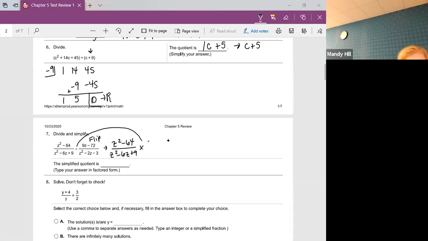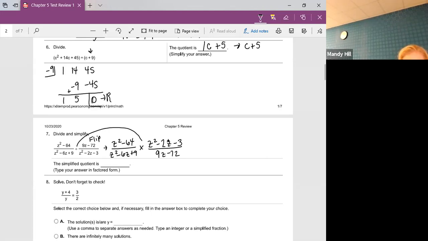So it's going to end up being z squared minus 2. That's supposed to be a 2, not a z, sorry. And then we're flipping this, so 9z minus 72 would go to the bottom.